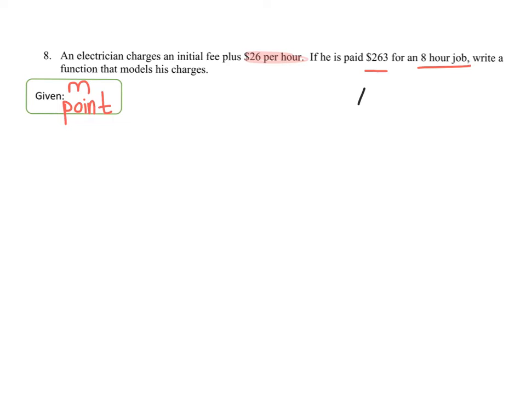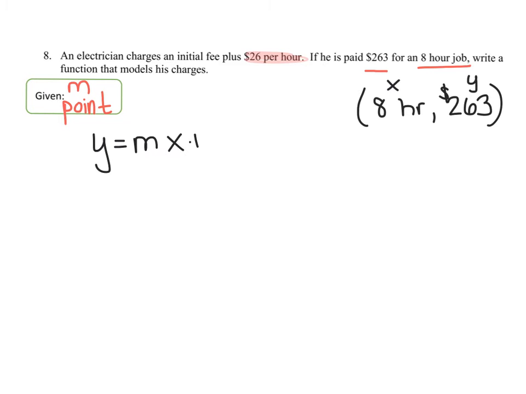Let's write down what that point is. It would be (8 hours, $263), meaning that my x represents the hours and the y is money. It's important that you get that in the right order. So I always write down y equals mx plus b, and I think about, okay, so what do I know?